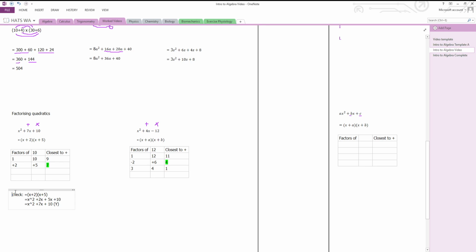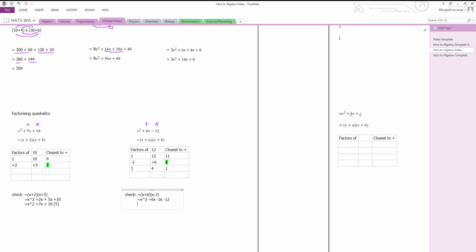So let's go and check our solution for that. So we've said we need to add 6 and subtract 2. So we end up with x squared plus 6 take 2, plus 6x take 2x take 12.